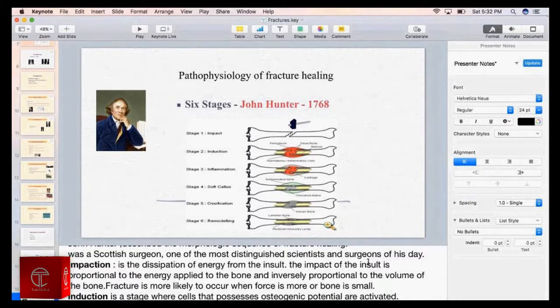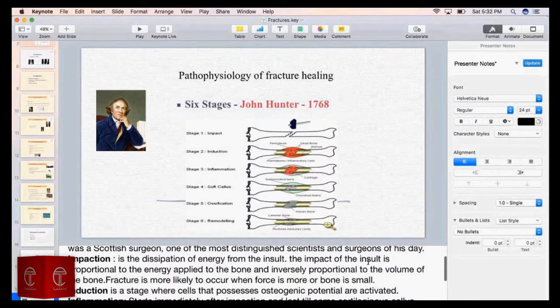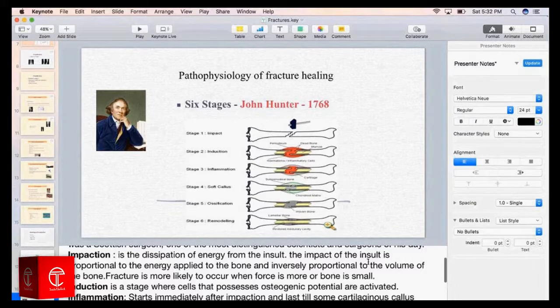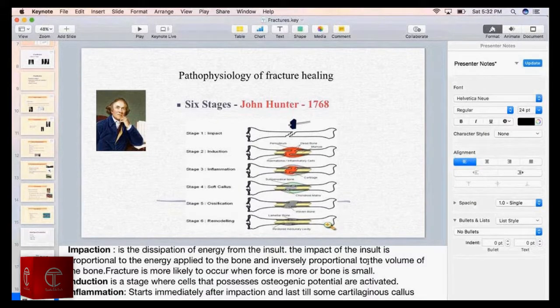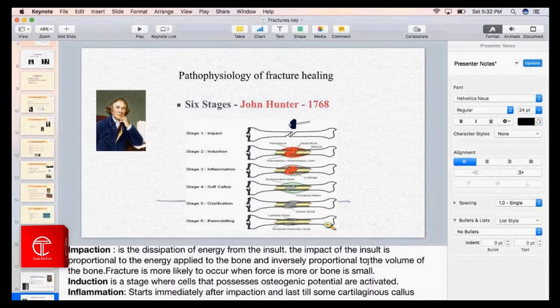The next stage, as per John Hunter, is induction, where cells that possess osteogenic potential are activated, immediately following the impaction. Then comes the inflammatory stage, where all the inflammatory mediators are activated. There will be increased vascularity and neovascularization, followed by soft tissue callus formation.